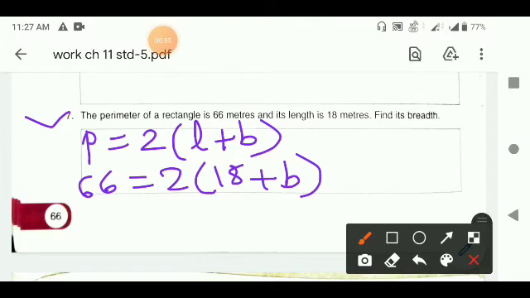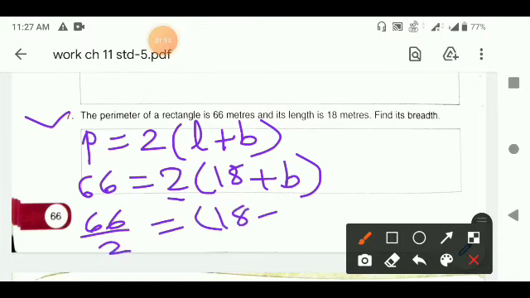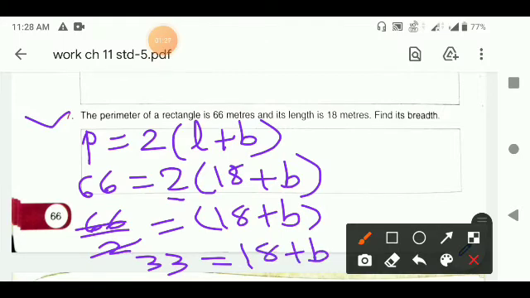Now here 2 is in multiplication. When we move this 2 to the left side, 66 will be divided by 2. So here the remaining part, 18 plus b, we will write. So 66 divided by 2, here 33, and here 18 plus b, and again here we have to move this 18 to the left side.